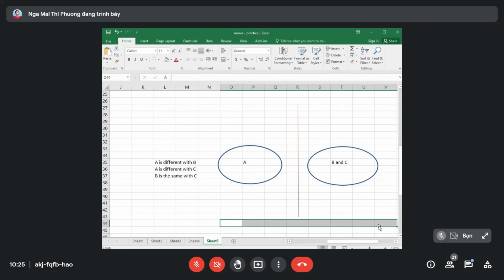A is different from B, A is different from C, and B is not different from C. But my question is, which feed is the best?